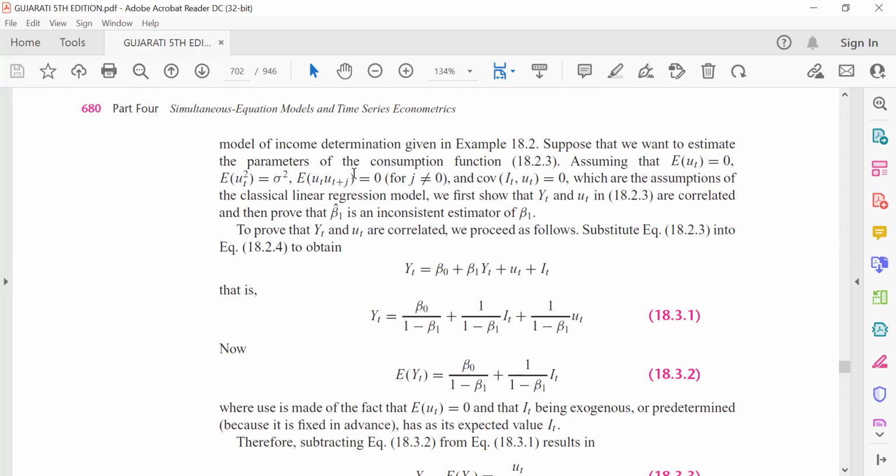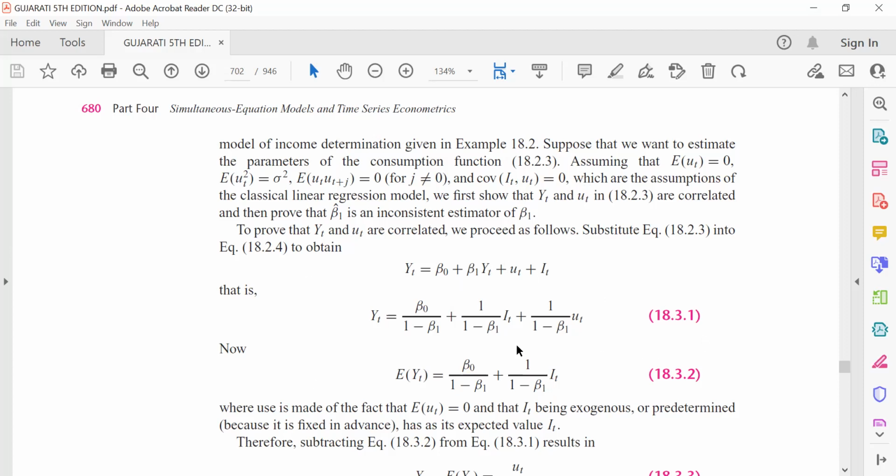That means there is no correlation between these two residuals, and also there is no correlation between investment and the residual, which are the assumptions of the classical linear regression model. We first saw that Yt and mu t in equation 18.3 are correlated, and then prove that beta 1 hat is an inconsistent estimator of beta 1.